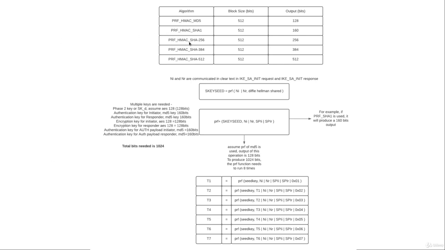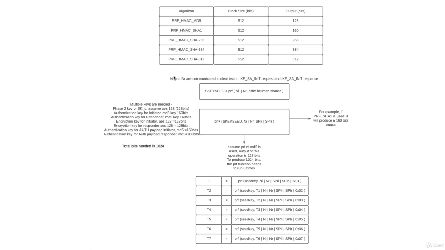Okay. So, now that we know what HMAC is, the following are the algorithms. MD5, like we mentioned, is not recommended. The HMAC operation takes a block of data and produces a fixed output. In the case of MD5, it takes 512 bits, and produces a 160 bits output.